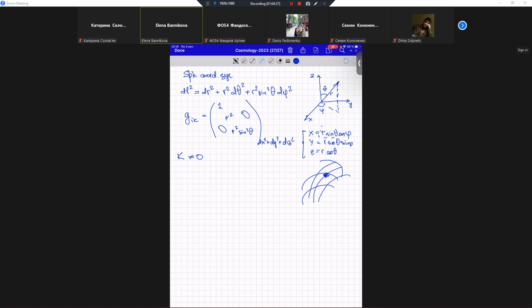By the way, when we use this trick, it's called a Galilean coordinate system. A Galilean reference system is better to use in this case.